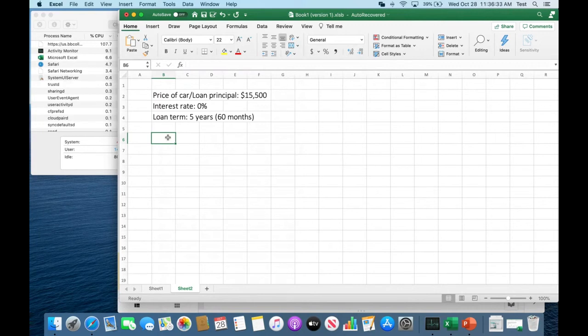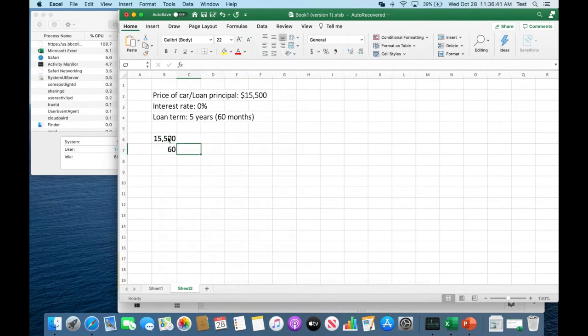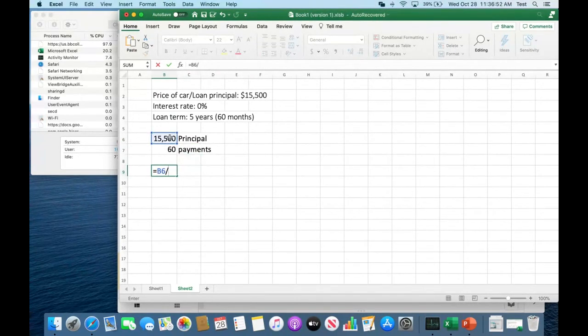Because we can actually just take the loan principal. In Excel, we'd have to define it first, so I'd type in that 15,500, and then I'd type in the 60 payments. Then I would take that principal and divide it by 60.